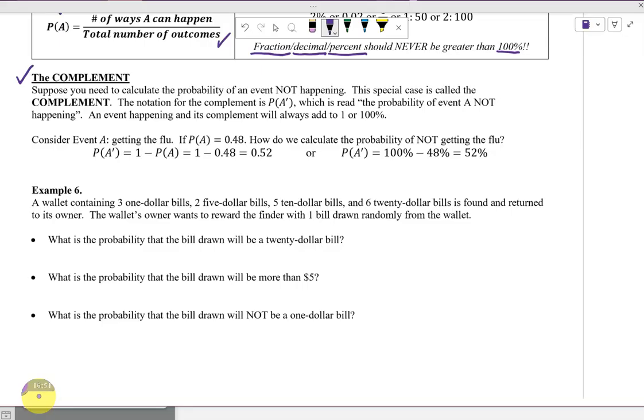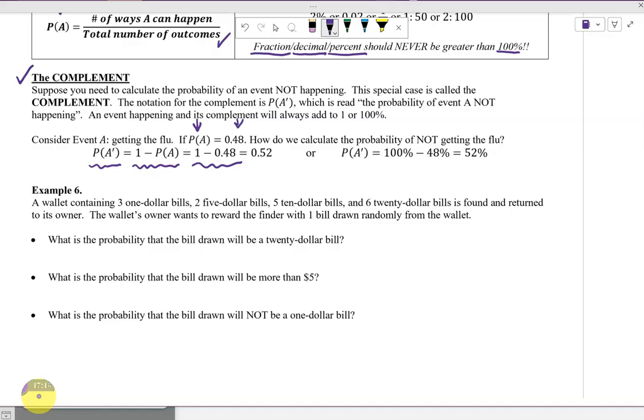So if we're asked, what's the probability of this event not happening? Well, you could figure out the probability of it happening and then subtract it from 1. So considering event A getting the flu, the probability that you get the flu is 0.48. How do we calculate the probability of not getting the flu? So the probability of not getting the flu is 1 minus the probability of getting the flu.